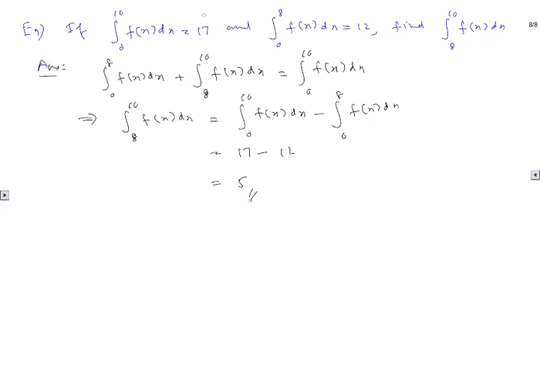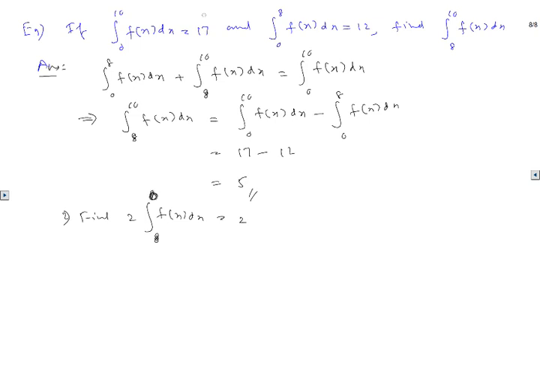And also, let's say find 2 times the integral from 8 to 0 of f(x) dx. How about that? No, I actually want 8 to 0. That's what I need.